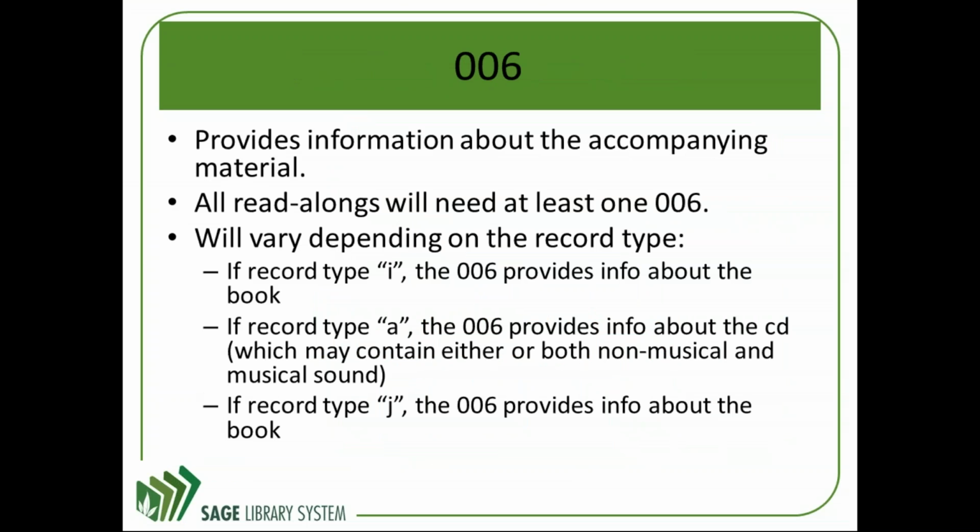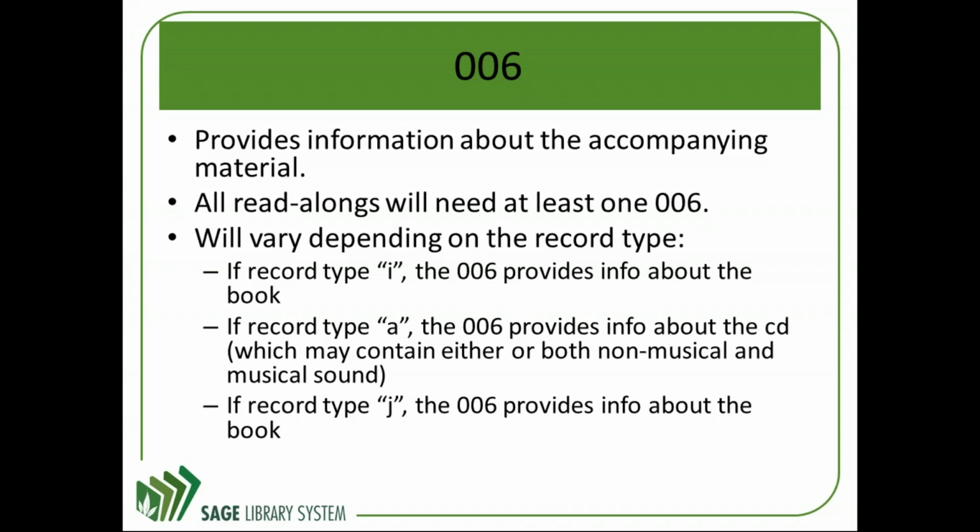provides information about the accompanying material. And since with read-alongs we always have multiple components, we should always have at least one 006 beyond the 008, which is describing the primary component. And of course that as well is going to vary depending on the record type.